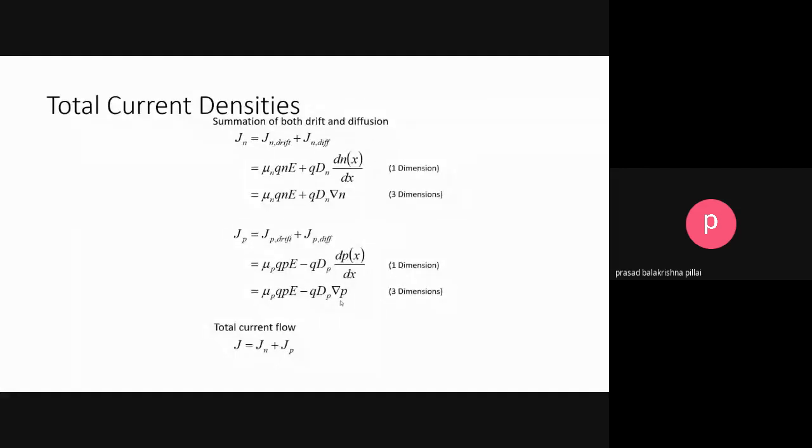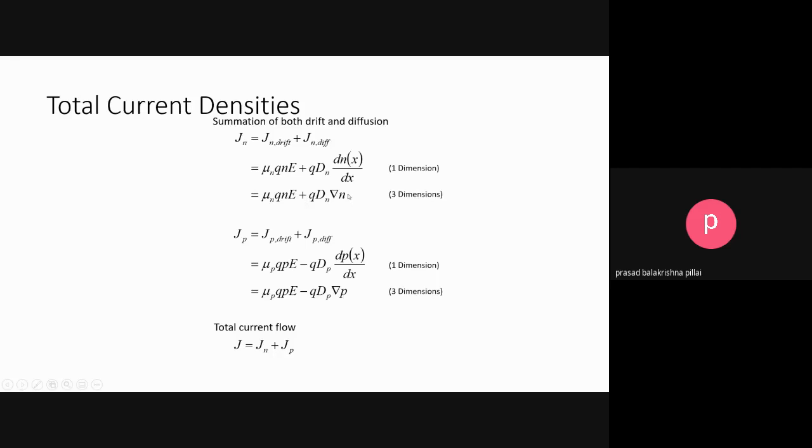Very often nowadays we consider the three-dimensional view also, because the three-dimensional picture will be coming in the gradient. In your case, you will be dealing with only the one-dimensional, but at the advanced level, you have this three-dimensional picture also.